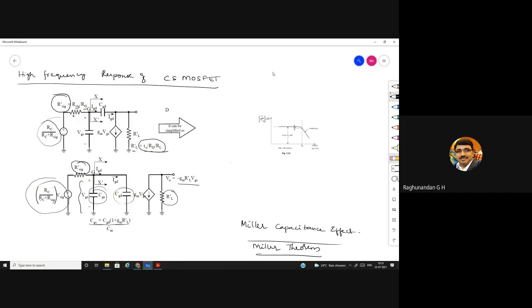Suppose you have an amplifier, and between the input and the output you have one capacitor connected. This is not an external capacitance; it is the capacitance which occurs because of the junctions.